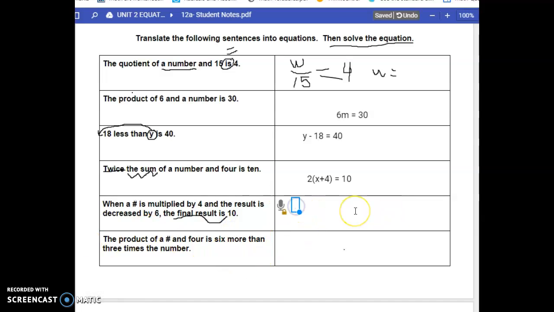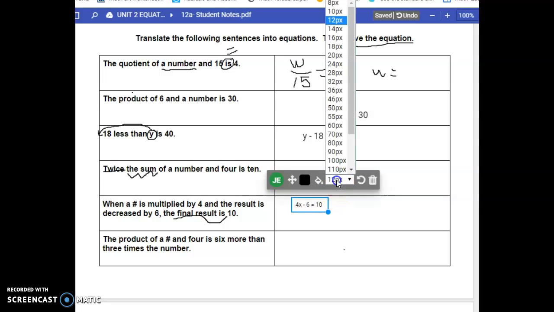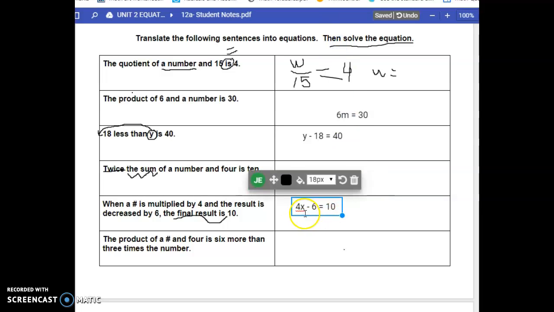So for this equation, I can say a number multiplied by 4, so 4x, is decreased by 6, so minus 6 equals 10. So that extra, the result, is just saying that you need to do the 4x first, then subtract the 6, and you're going to get 10. Again, using your equation skills, solve and find me the value for x.